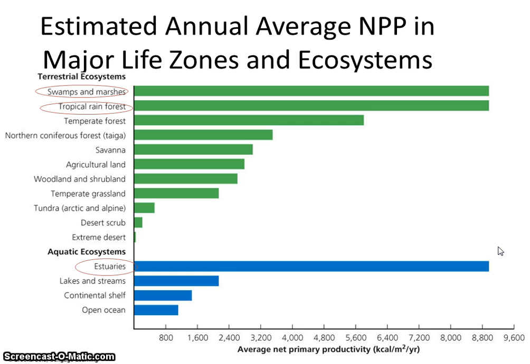Just picture yourself in that place and ask yourself, how many plants am I surrounded by? If you're in a swamp or a marsh, you've got algae, you've got trees, you've got tons and tons of things, a lot of algae though. Tropical rainforest, you've got high canopy plants and low, you've got the understory. So again, you're surrounded by lots of plants.